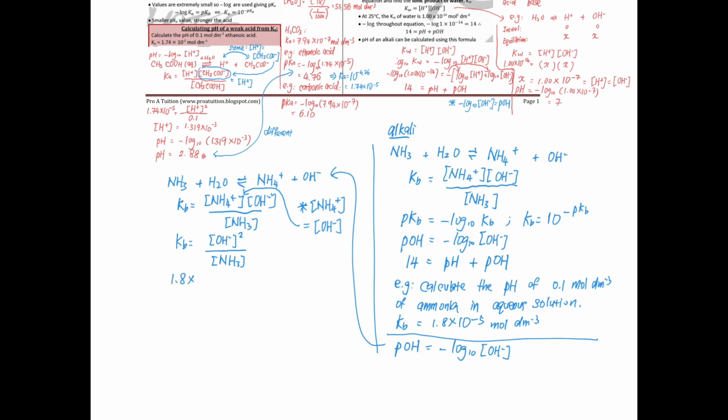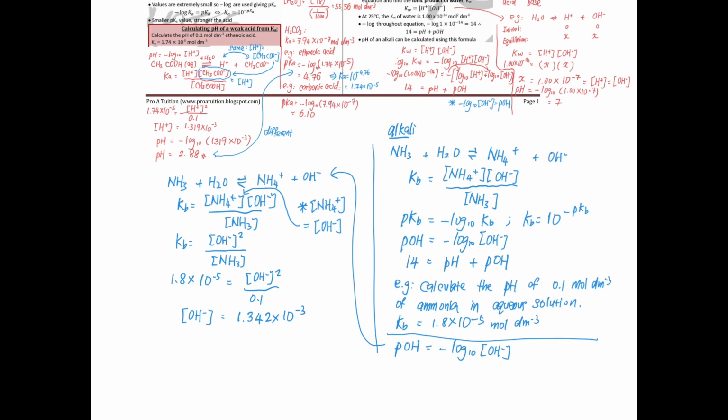Now we substitute. Kb is 1.8 times 10 to the power of negative 5. The hydroxide is unknown. The concentration of ammonia is 0.1. So we can get the concentration of hydroxide now, which is 1.342 times 10 to the power of negative 3.